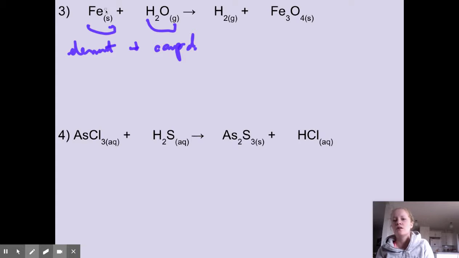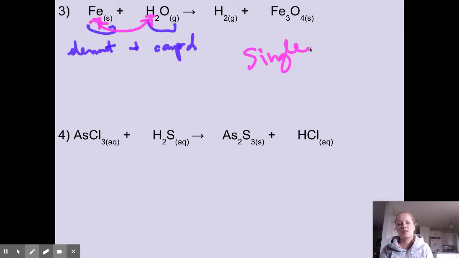Iron is a cation. It has a positive charge. So that means I should see a nice single switch. So iron and hydrogen are going to switch places. So I get hydrogen on its own now because it's over here. So it's H2 and iron 3 oxide, or iron oxide. I'll worry about that compound bit later. So this is a single replacement.